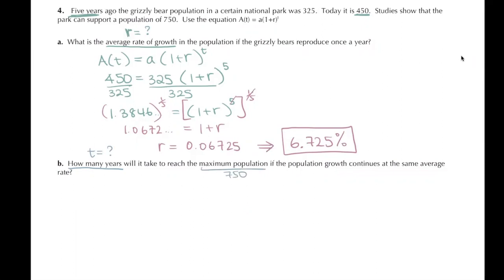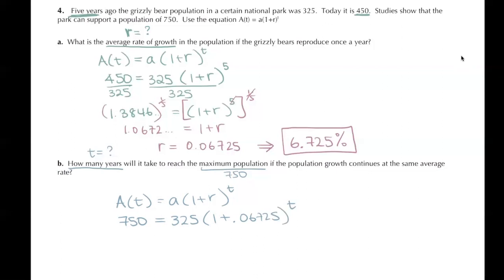Okay, so using the formula, I'm going to plug in everything except T. So max population of 750, they started at 325. The rate was 0.06725, which we found in part A, and now we just need to solve for T.